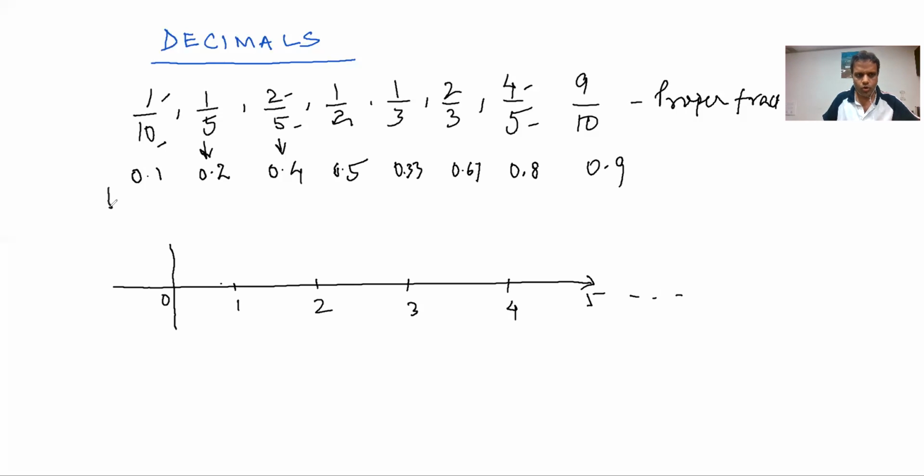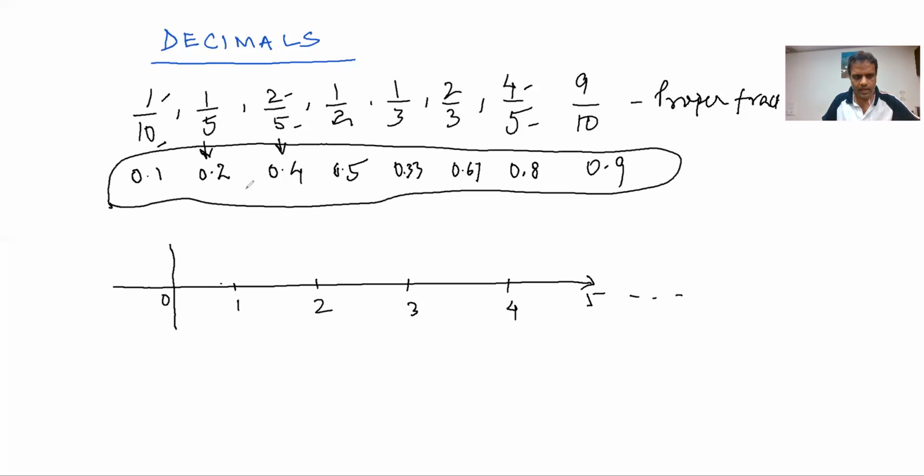Now, if I have to plot all these fractions on the number line, can you tell me where these fractions are going to appear? If I have to say 3, I know this is 3. If I have to plot 5, I know this is 5. But what if I ask you, where will 0.9 be?